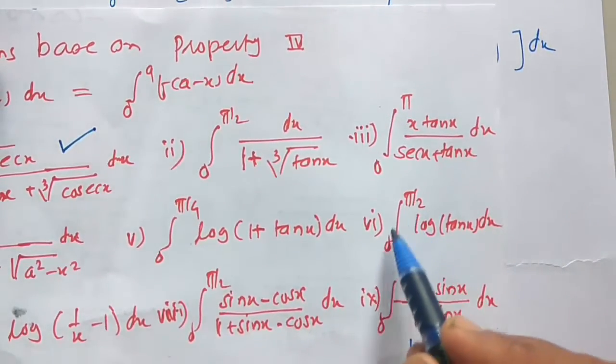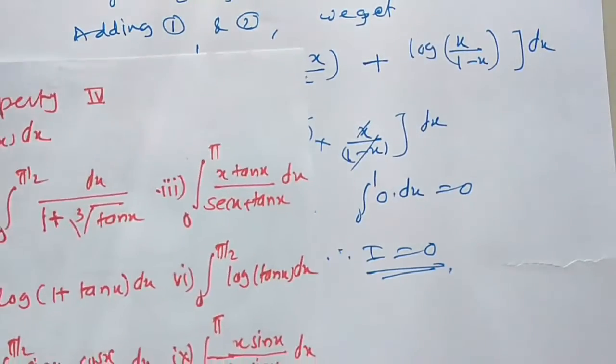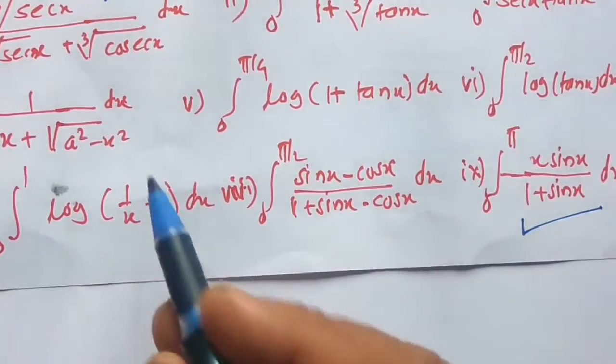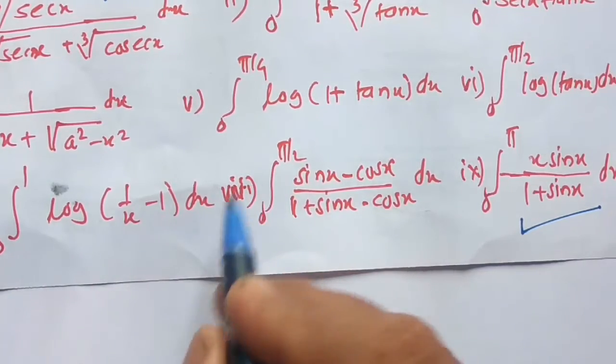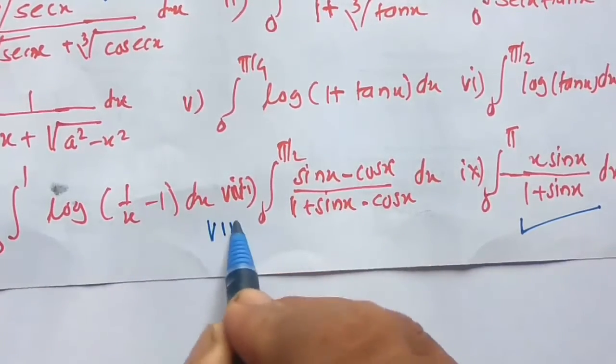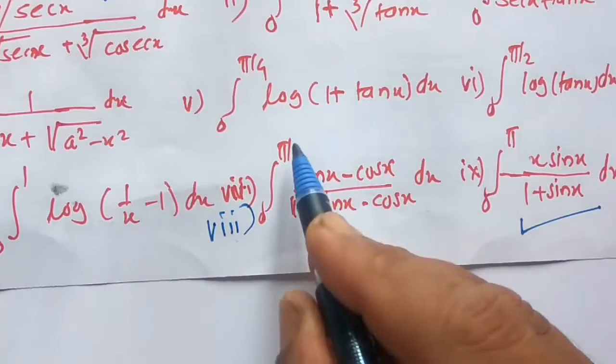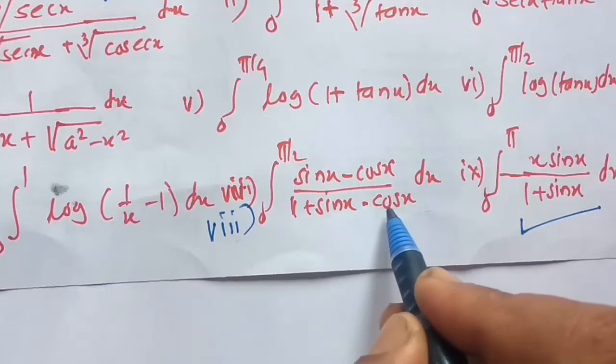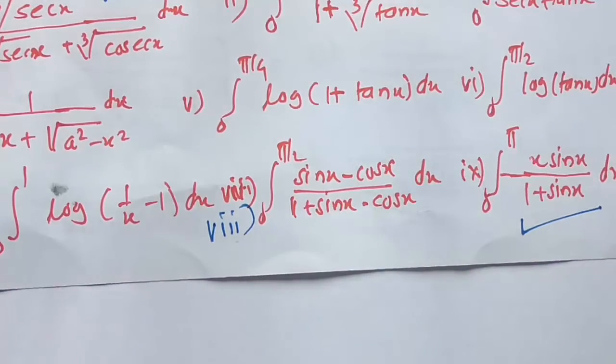It is same as example number 6. Next example, example number 8: the integral from 0 to pi by 2 of (sin x minus cos x) upon (1 plus sin x into cos x) dx.